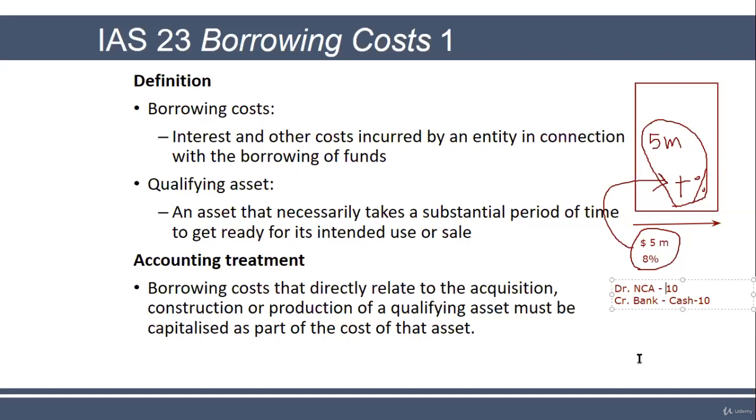This is the concept of borrowing cost. So in borrowing cost, IFRS allows us to capitalize our interest. But of course, there are certain conditions. The first condition, which comes to your mind, is which type of assets I can do it for.